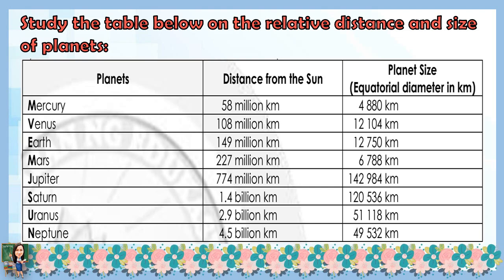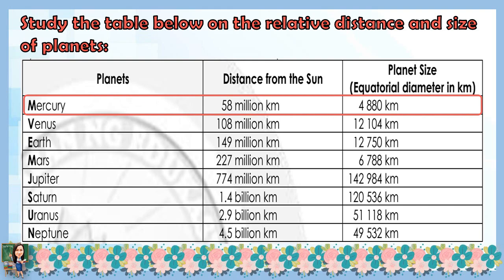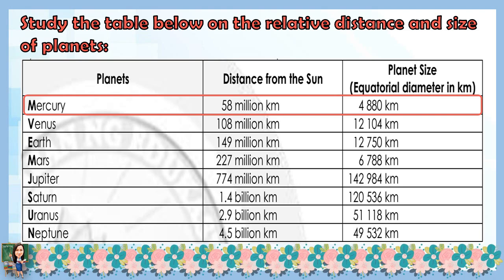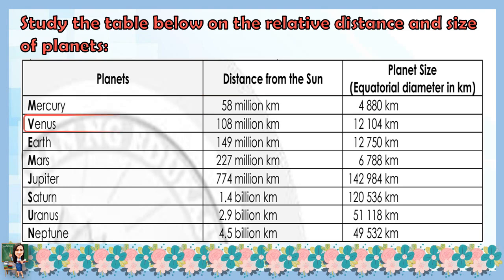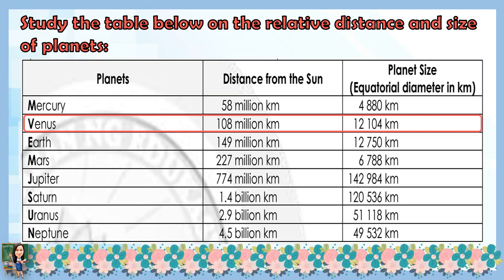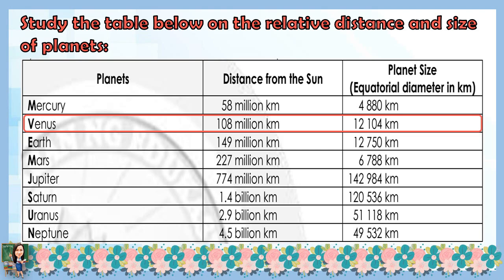The distance from the Sun of Mercury is 58 million kilometers, and the planet size or the equatorial diameter is 4,880 kilometers. Planet Venus has 108 million kilometers distance from the Sun and 12,104 kilometers planet size.